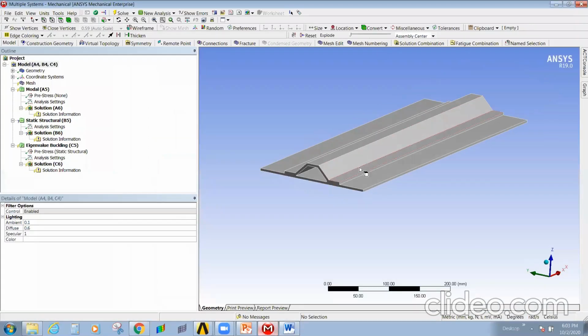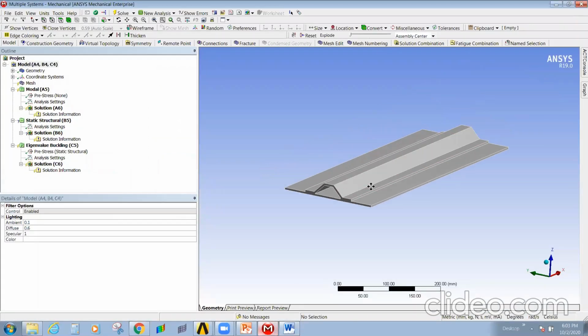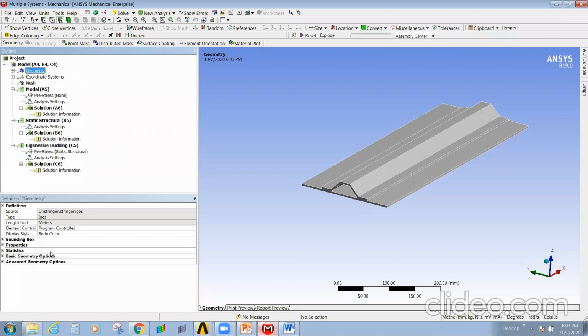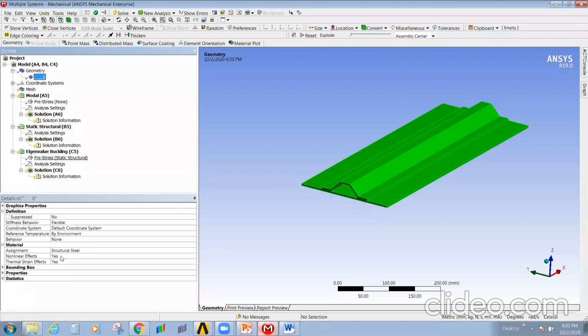And again, you need to check for all the three materials, that is, one is default structural steel, and other aluminum alloy, either you can use 6061 or 6065, any one or any two, and also compare that with your titanium alloy.